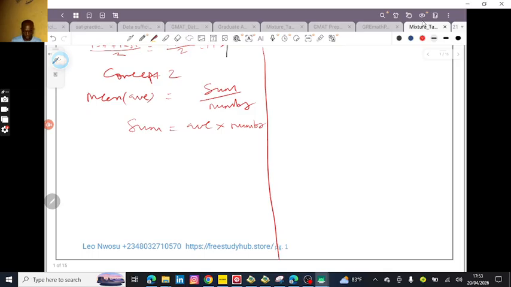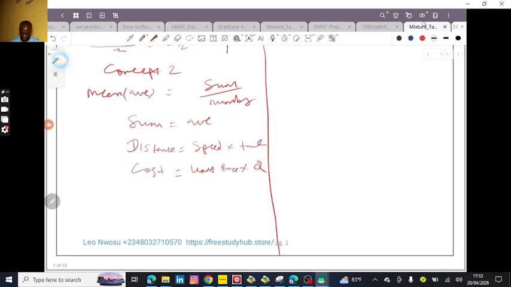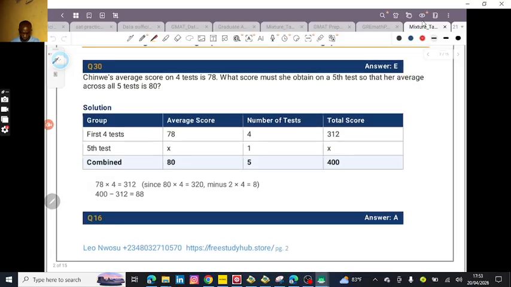Also, the other things we can now write in this form, like speed, distance: distance equals speed times time, cost or amount equals unit price times quantity, and so on and so forth. All these types of situations, we can use a table to solve them.